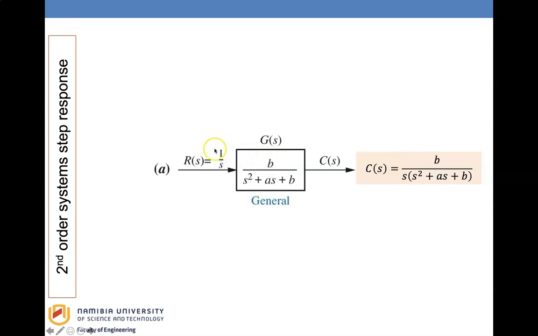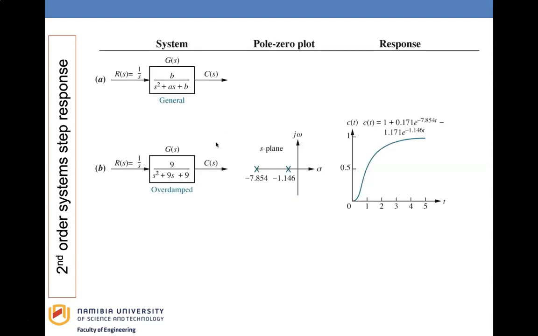Also note that we are using a step response as our test signal, so it gives us an idea of the response that we expect. In carrying out this demonstration, we will not go through the rigor of partial fraction expansion and inverse Laplace transform.